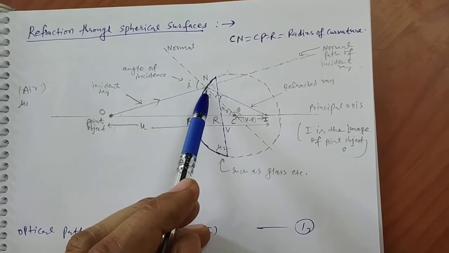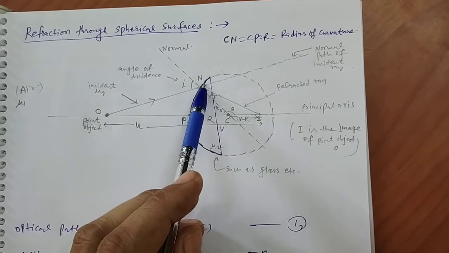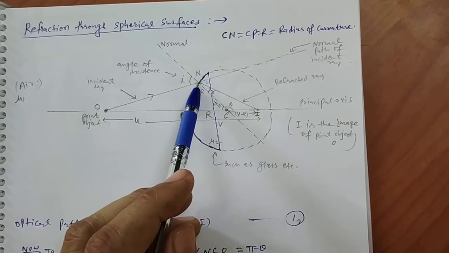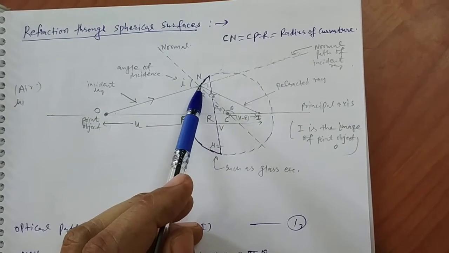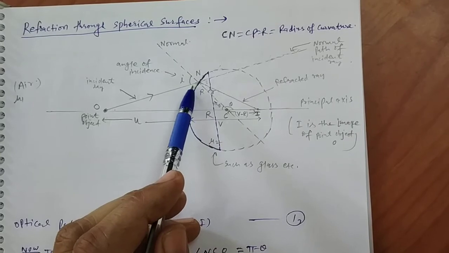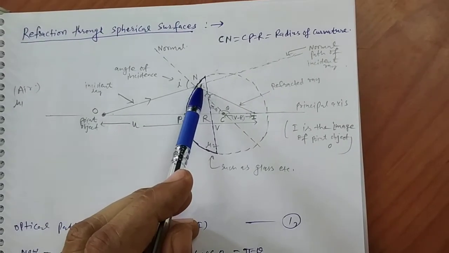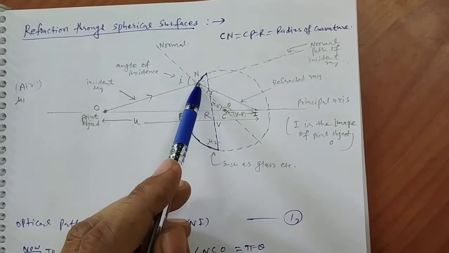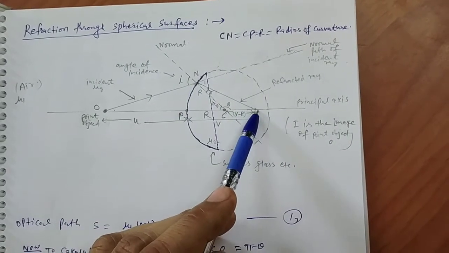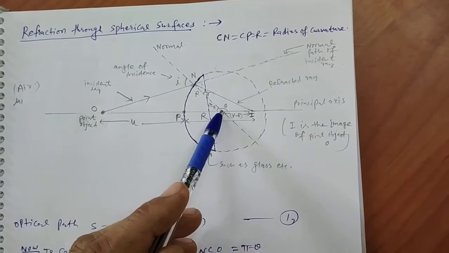So if this is the incident ray, after hitting at this point the incident ray deviates from its original path and meets at point I, this is the normal.